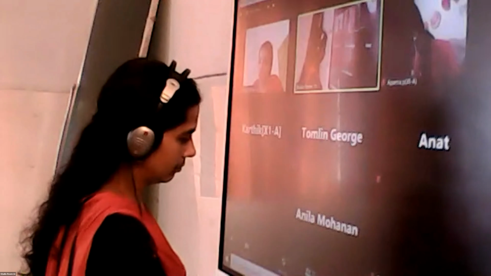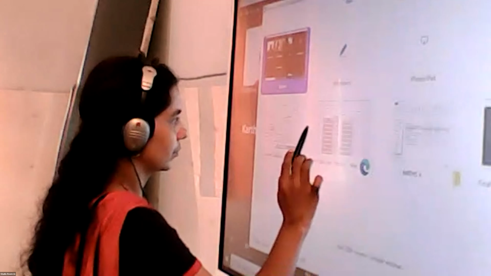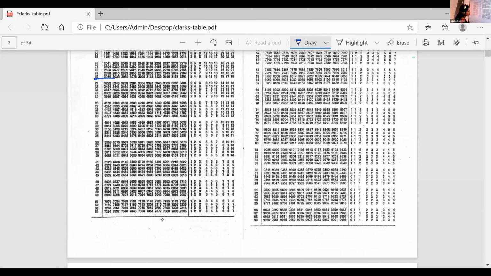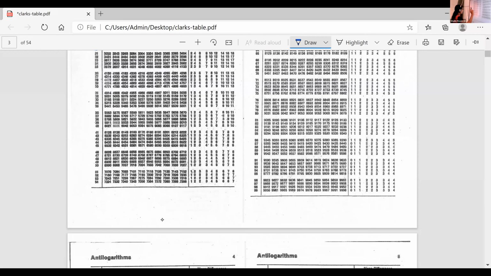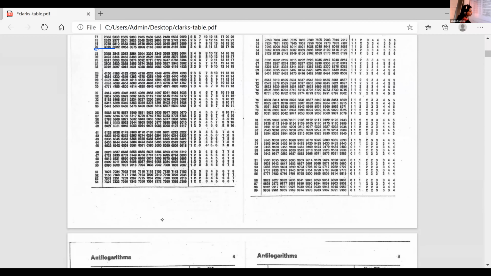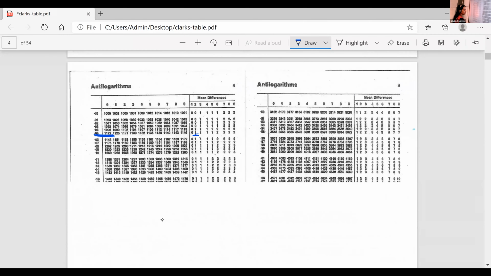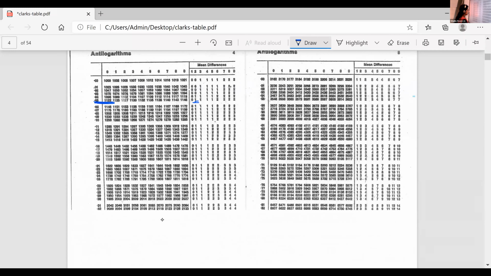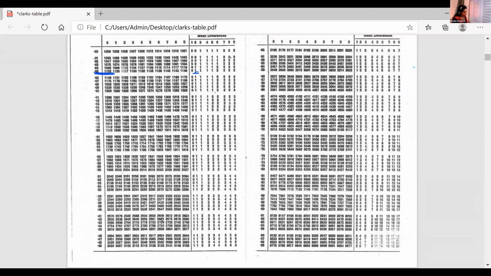You have the table. I'll show the antilog part. Find out 9364 and tell me the value. Nine three six four. So 0.93 we will get here, isn't it? Then 6 and 4.